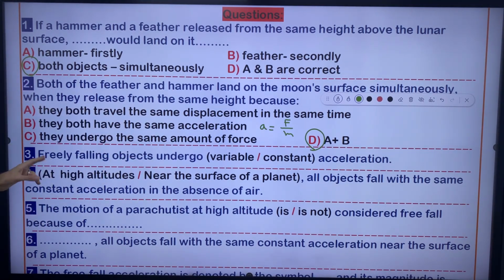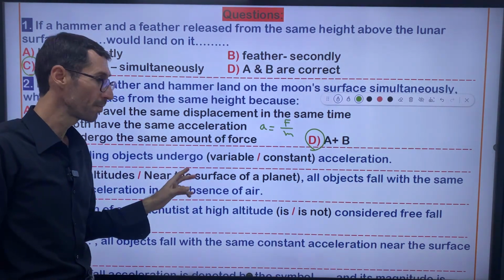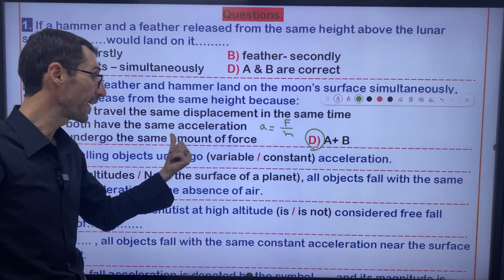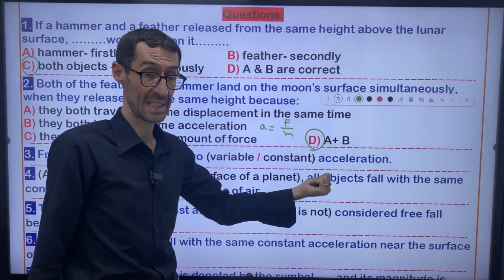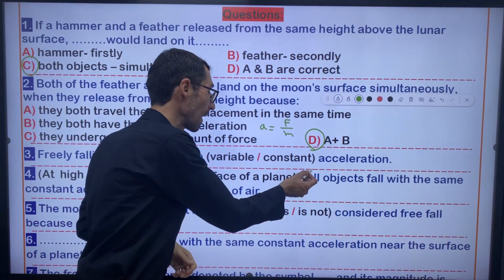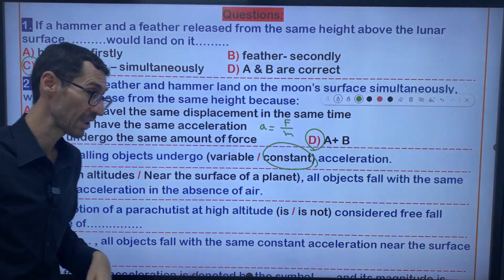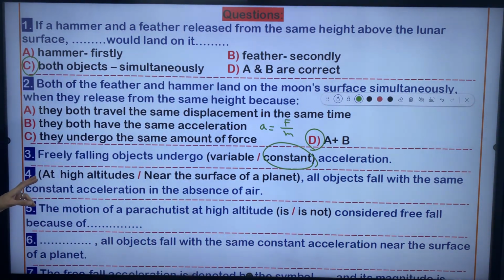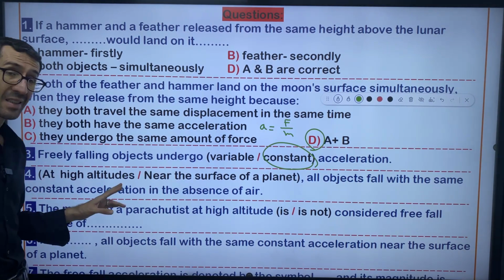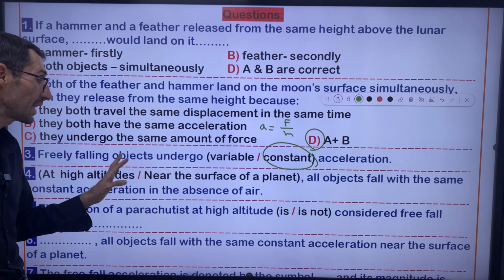Freely falling objects undergo, we have two options, variable acceleration or constant acceleration. Of course, they undergo constant acceleration at high altitudes, near the surface.